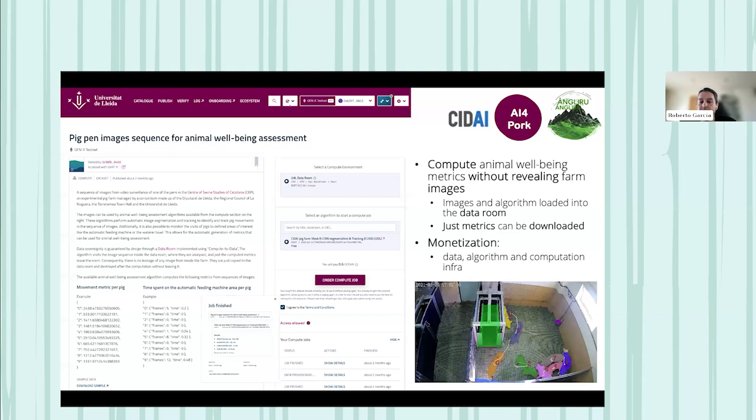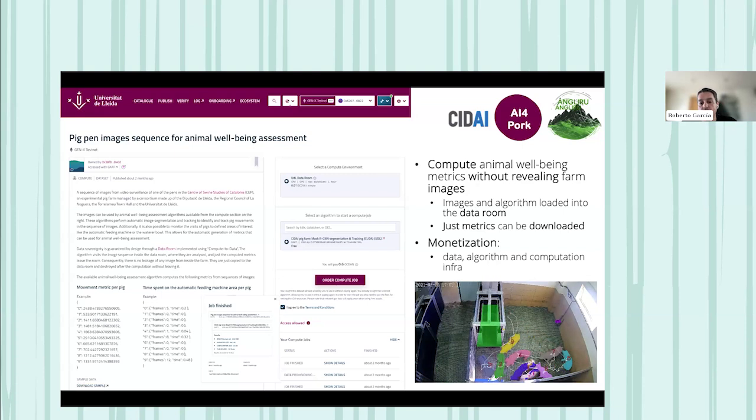So this is a guarantee that the farm appreciates a lot because in many cases this is sensitive data that you don't want to reveal. At the same time, they can monetize all of these different components of this particular service. It's difficult to perceive here in the image, but everything has a price. So you can put a price on the pictures, and this will go to the farm.